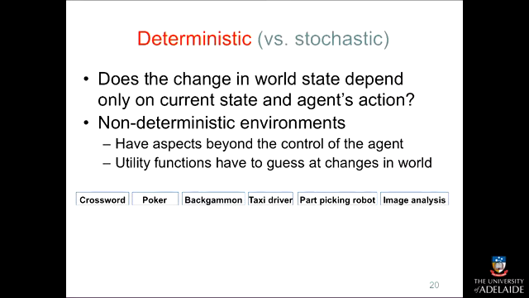Okay? But if we can't predict because there are other factors in the environment, then we would say that it's stochastic. So non-deterministic environments have aspects beyond the control of the agent. And typically, we're going to need to have something like a utility function to enable us to guess at changes in the world and guess at what might be our best action under uncertainty.